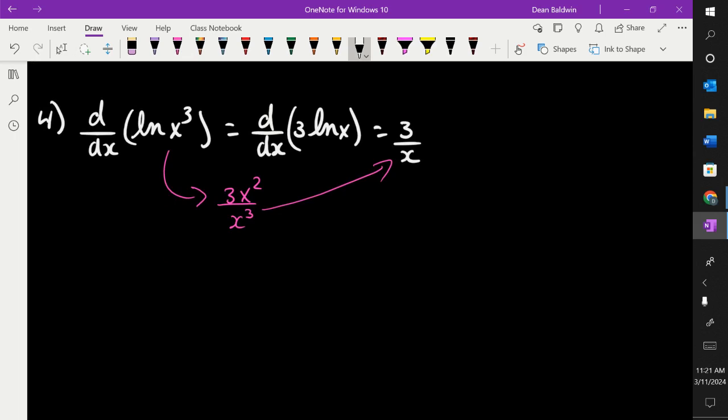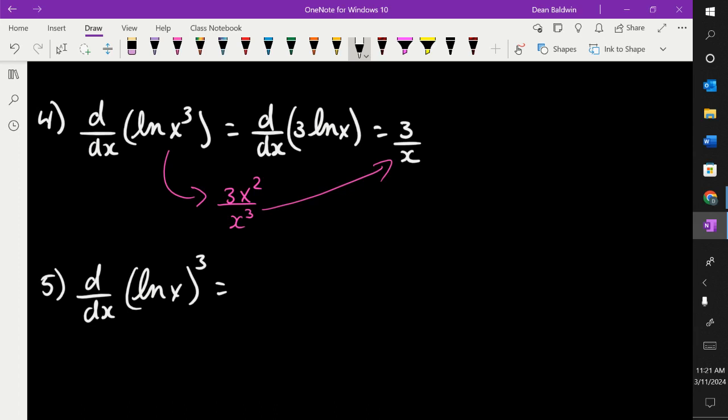What if you have this? Not quotient. It's chain rule, right? Because you can't drop the 3 down because the 3 is not on the argument.